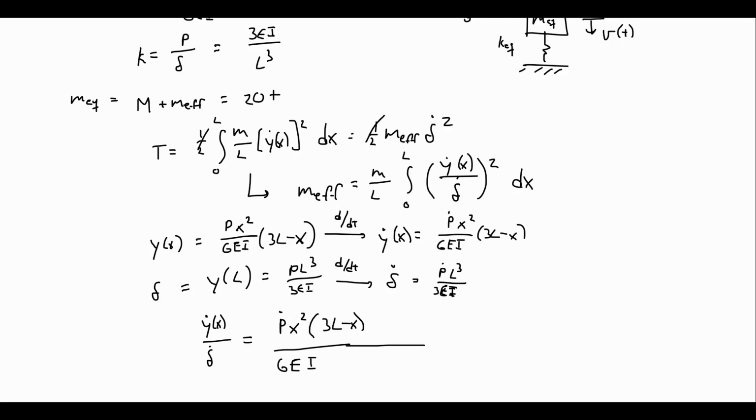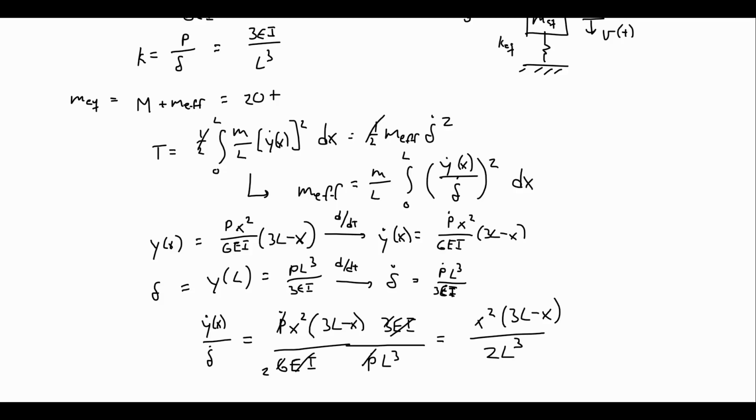Well, division is just multiplying by the reciprocal, so I'll have a 3EI, and I'll have a P dot L cubed. So for this division, the P dots are going to cancel. The stiffnesses are going to cancel. I have a 3 on top. I have a 2 on the bottom. So this is going to simplify down, and this is going to be x squared (3L minus x) over 2L cubed.